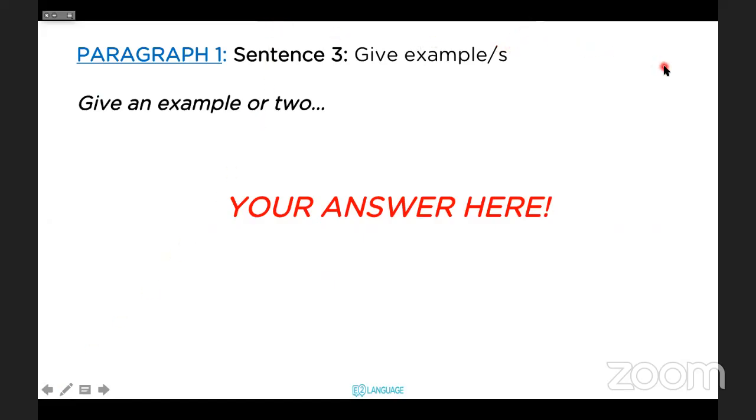For example, for instance, use a connecting word like this. Good, Mohammed. Well done.